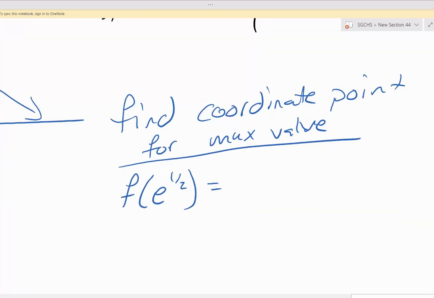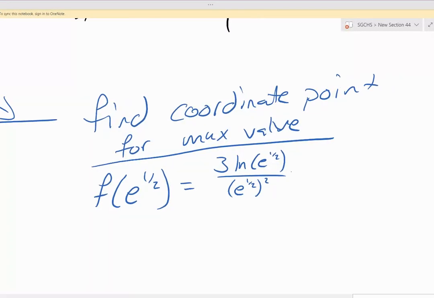So this will be 3 ln e to the power of 1/2 over e to the power of 1 over 2, squared. And then from here, I can apply my exponent rules. Here I can multiply these two, and I can take out my 1 over 2, and this will become 3 over 2 ln e over 1 over 2 times 2 gives me e to the 1.